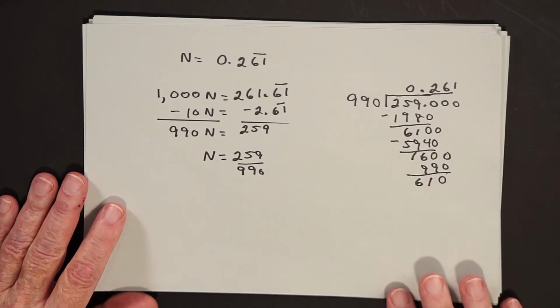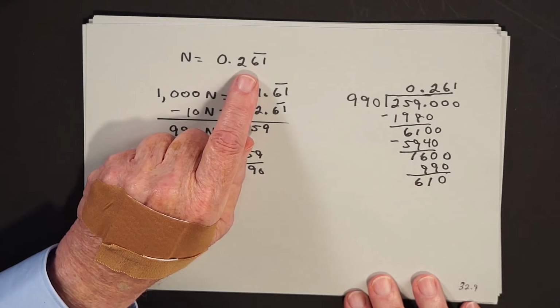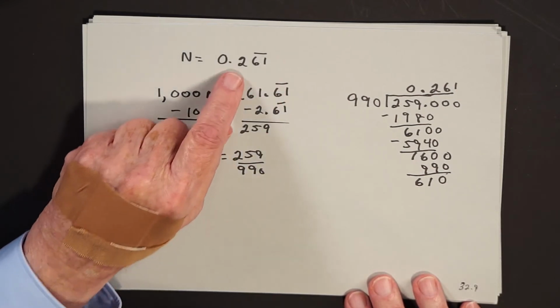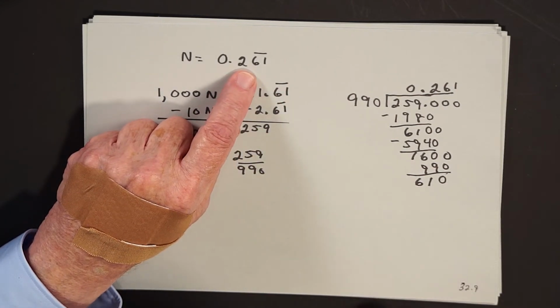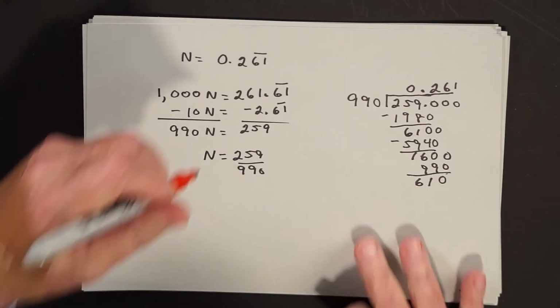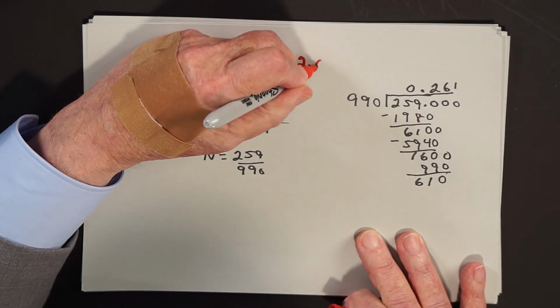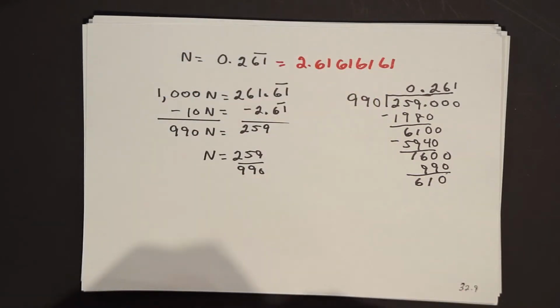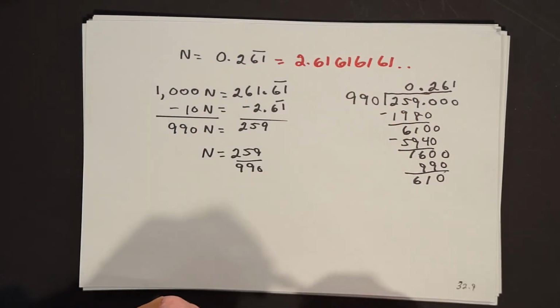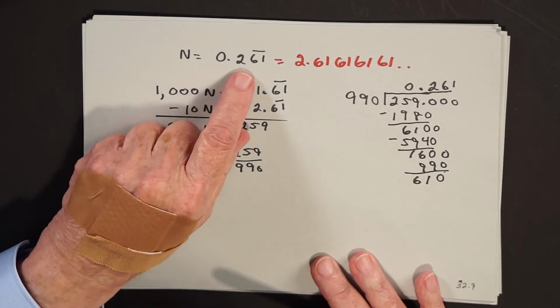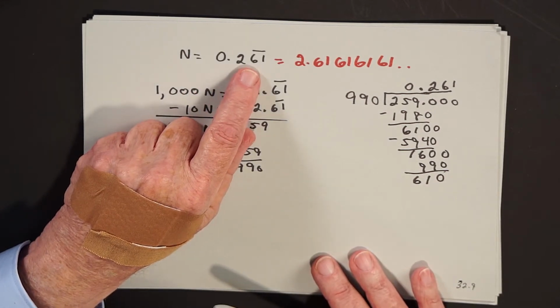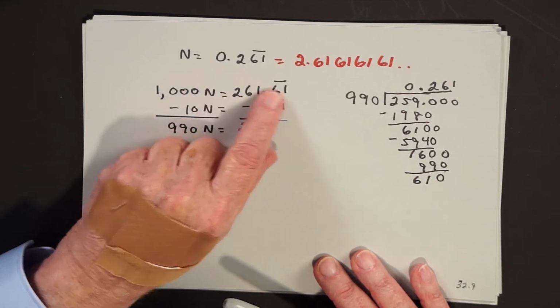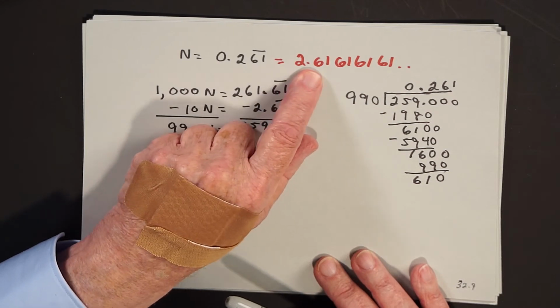Let's take a look at what happens here. The bar is just over the 6 and the 1. The first place we can move the decimal point to, let me just write this out because you may still be a little bit queasy trying to visualize the bar. So the first place I could move the decimal point so that the repeating cycle comes right after the decimal point is to move it after the 2.